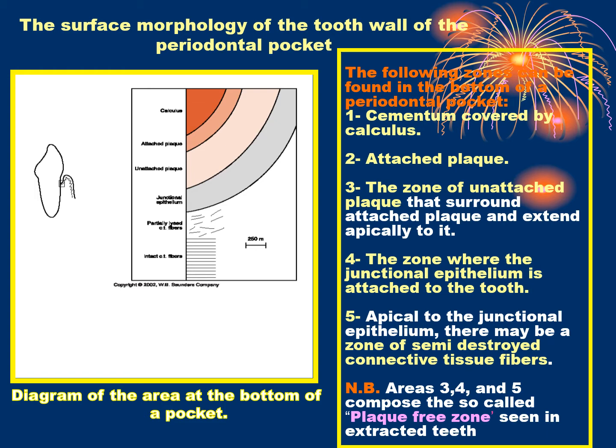Number 4, we have a zone where the junctional epithelium is attached to the tooth. Then apical to the junctional epithelium, there may be a zone of semi-destroyed connective tissue fibers. The areas number 3, 4, and 5 are called the plaque-free zone, which are seen in extracted teeth.